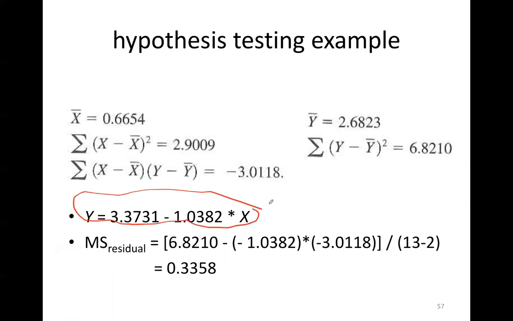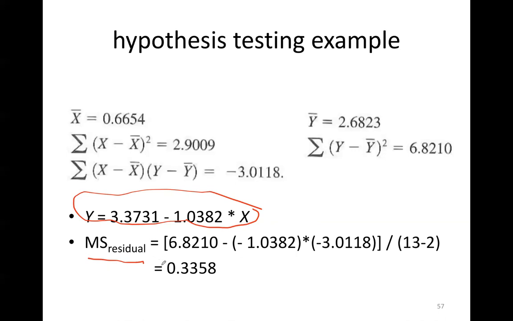And now, as a measure of how well the regression formula fits the data, we need this measure called residual mean squares. As you remember, residual mean squares is the sum of squared residuals divided by degrees of freedom, and it's a measure: the smaller the residual mean squares, the better the fit.